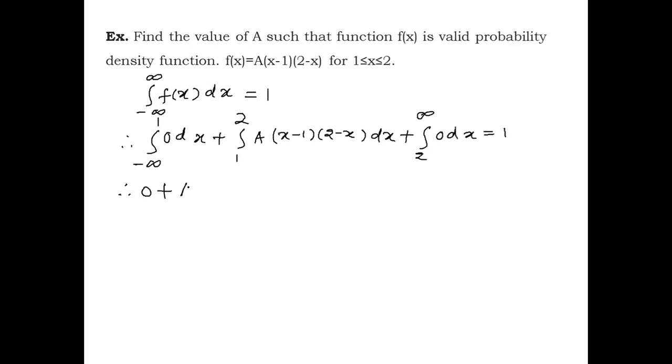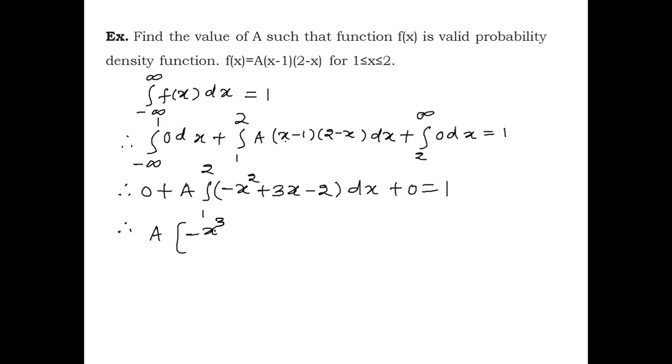Therefore 0 plus a is outside, then integration 1 to 2, then minus x square is there, then 2x plus 1x is 3x, and the constant term is minus 2, dx, plus 0 is equal to 1, and therefore a, then minus x cubed by 3 plus 3x square by 2 minus 2 into x from 1 to 2, and that is equal to 1.